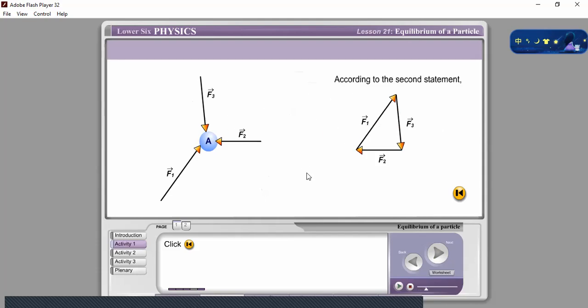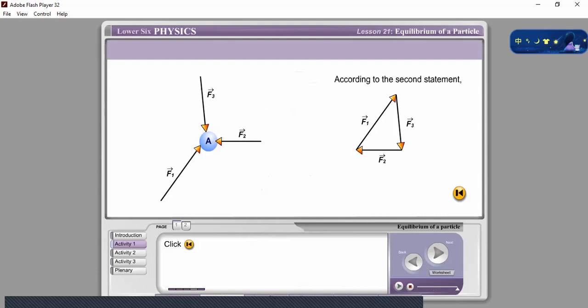According to the second statement, the forces F1, F2, and F3 form a closed triangle as shown. We arrange the three force vectors until they form a triangle. From here, we can form two types of triangle.